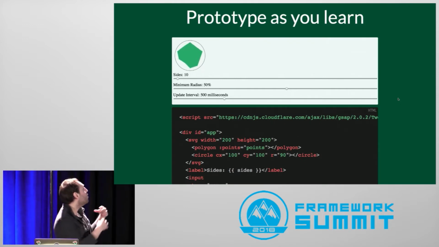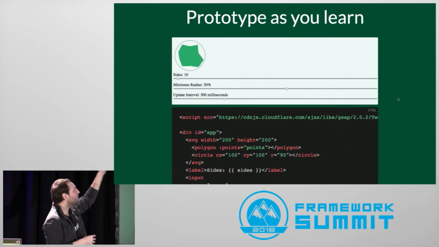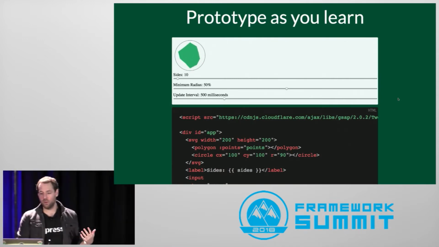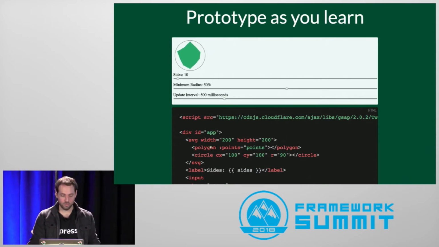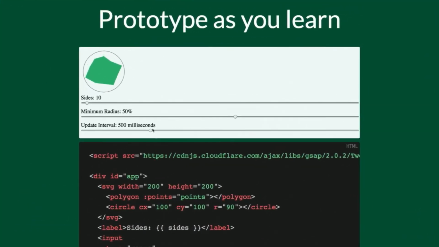And when you're experimenting with these technologies at first, I highly recommend just creating really simple demos and starting to prototype. So in this example, I have this polygon, and I've set up some sliders so that I can change the number of sides this polygon has. I can change the minimum radius. I can change the update interval for that little animation.